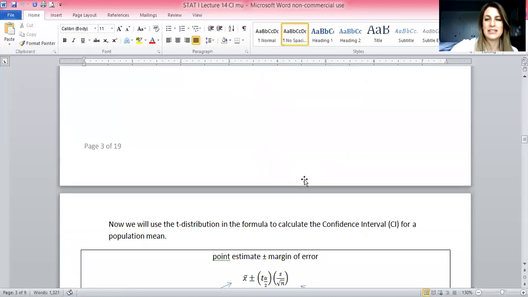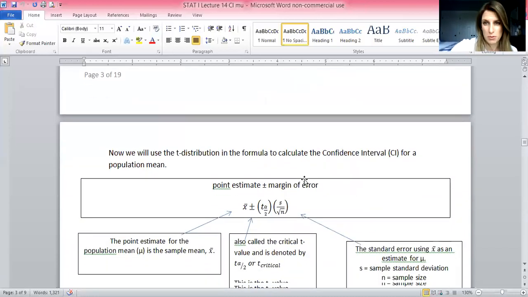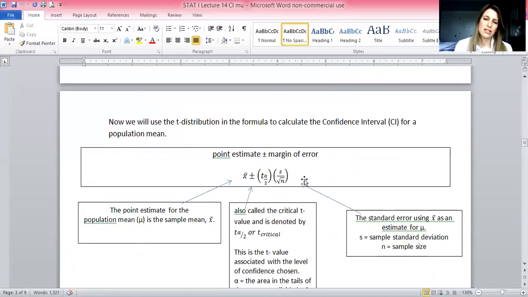So now let's take a look at the calculation the appropriate way with my T curve. So it's still point estimate plus or minus margin of error. And I have my x bar right here, plus or minus, right? Now it's T at alpha divided by 2. Remember, the alpha divided by 2 is just saying the area in my tails divided by 2. So it's not really like a number I'm plugging in there.